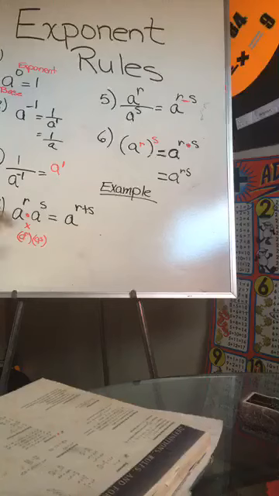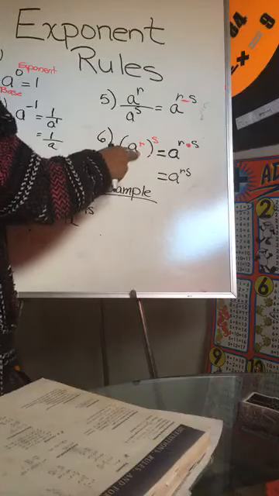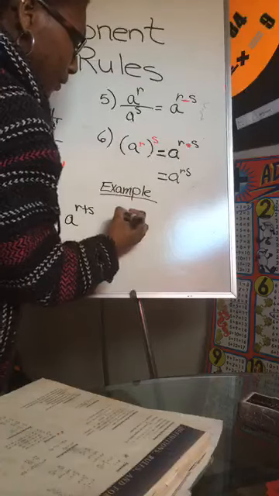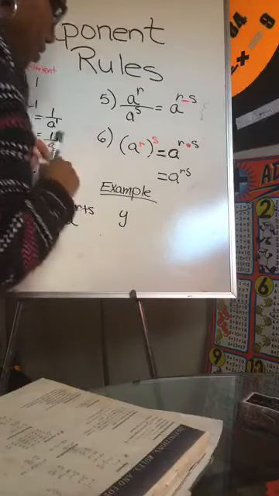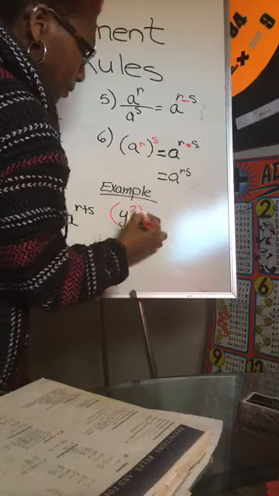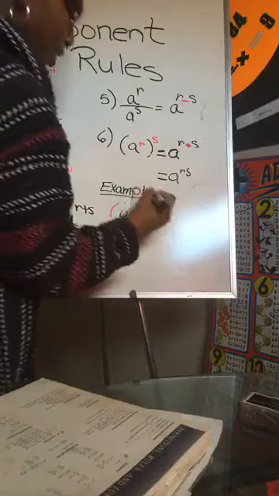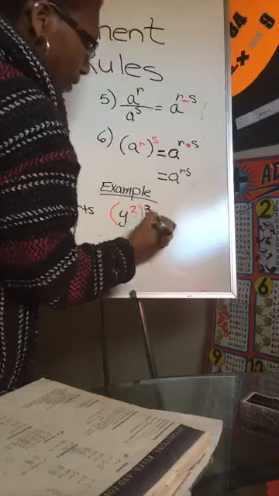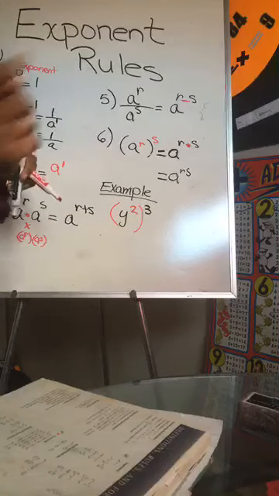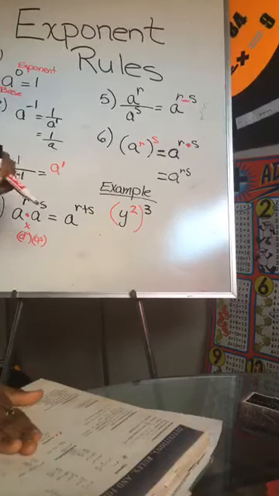All right. So let's take a and represent it as, let me just use y. Let's use y raised to the 2nd power, and then we're going to raise it to the 3rd power. So this time, instead of a, we're using a different variable. Let's use y since it's so popular. I should have used x, but I just took it from the textbook.